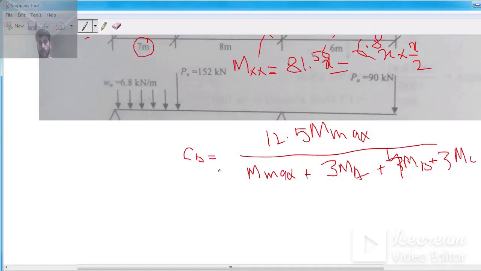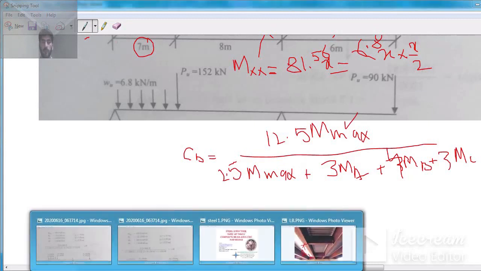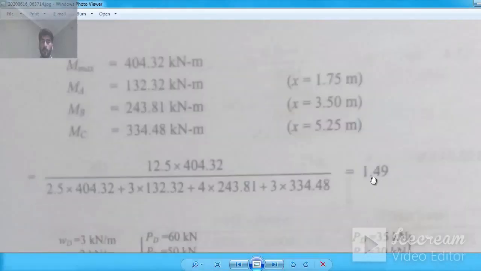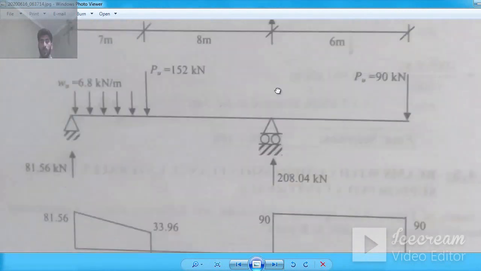You must remember it. You have M max, you determine MA, MB, MC, plug all the values, and you get your answer for portion AC, which is 1.7. Remember. Now we need to jump to section CB.